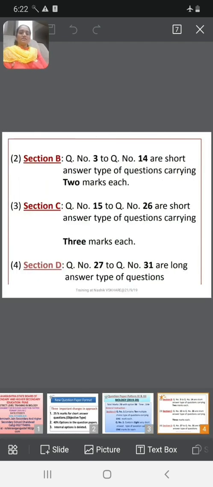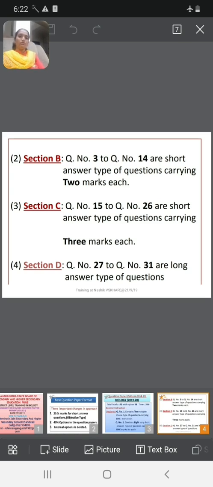Then section B. Section B is for 2 marks questions. Question number 3 to question number 14 are under the heading section B, each carrying 2 marks. Then section C, for 3 marks questions.